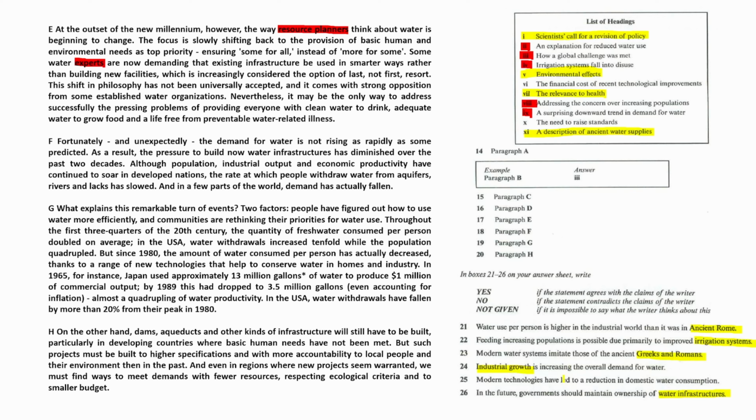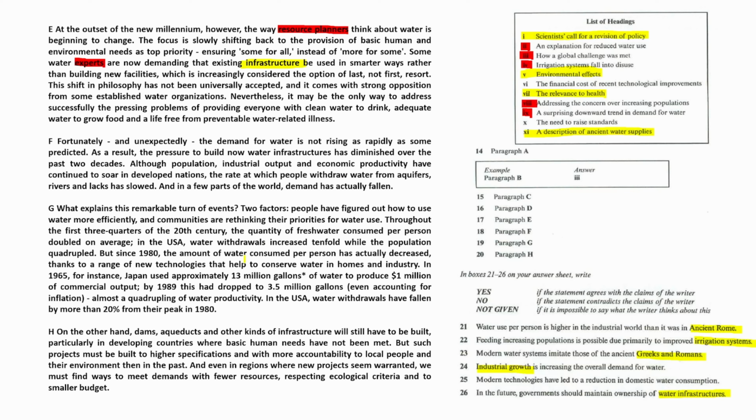Industrial growth, we have not found it yet. Water infrastructures, here we find something about infrastructure, so it can be our keyword for question number 26. But the problem is we have not found anything about domestic water consumption. We have not found anything about industrial growth. So we can find infrastructure in other places as well.